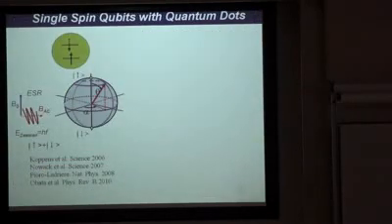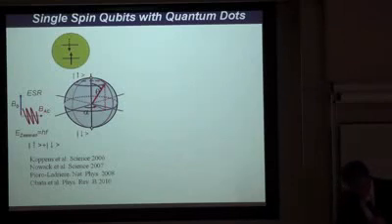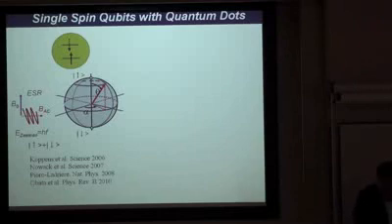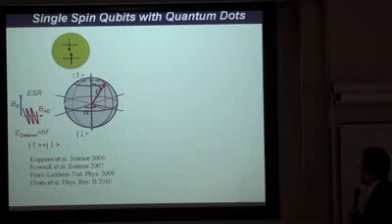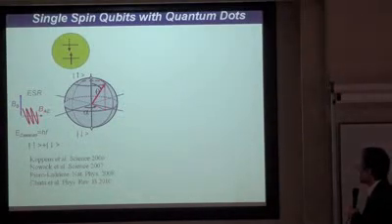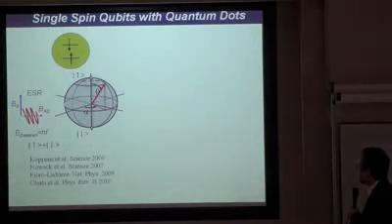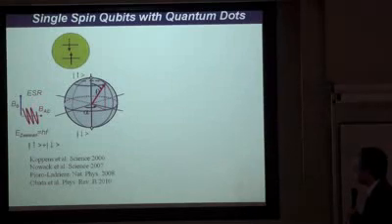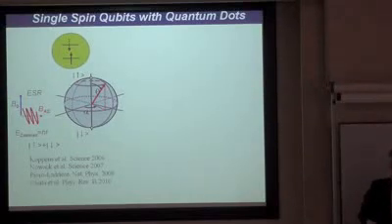At the moment, there are a couple of groups which have demonstrated single qubit operations. The scheme is quite simple if you are familiar with electron spin resonance. Let's have one electron spin in two Zeeman states in the quantum dot, and the ESR is implemented just by applying a DC magnetic field with an AC magnetic field perpendicular to this DC magnetic field.